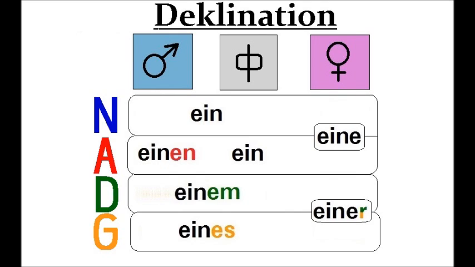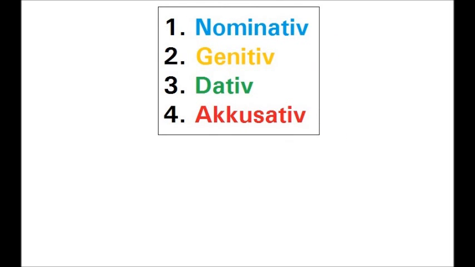There's a first case, a second case, a third case, and a fourth case. In this list you can see the numbers of the cases. The subject case is the first one, the possession case is the second one, the receiver case is the third one, and then the fourth one is the object case.